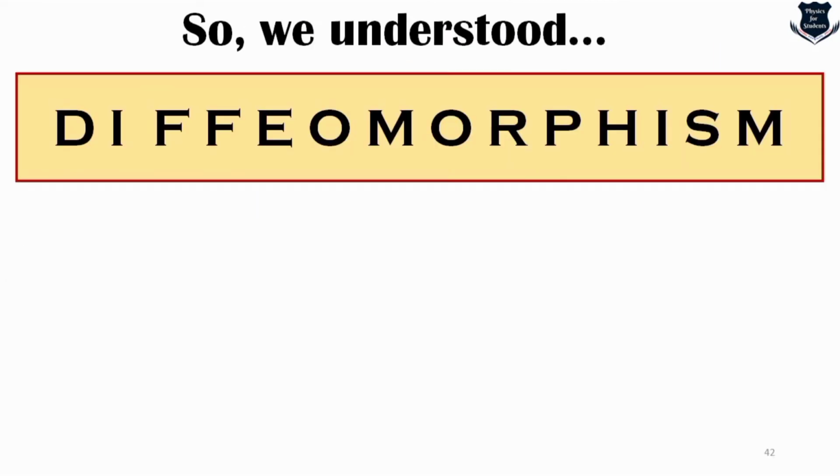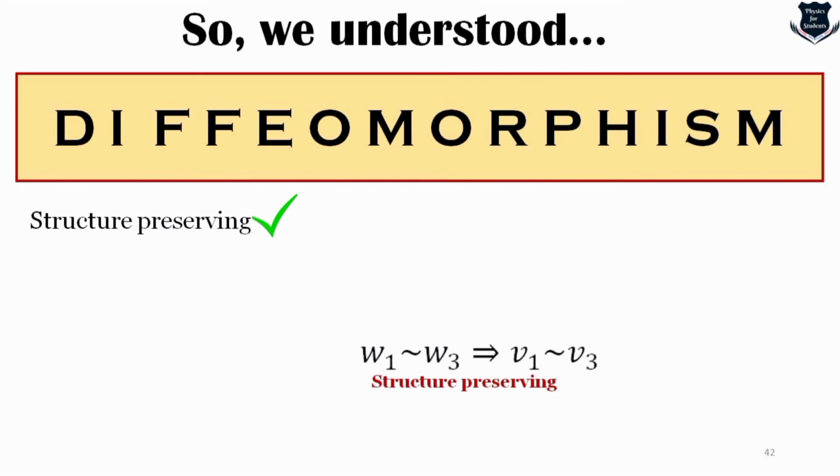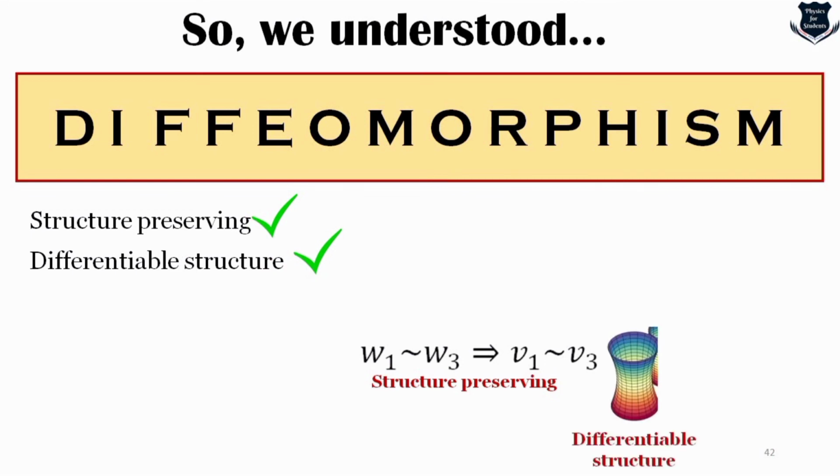So finally, we come to the last part of the video. We have understood what a diffeomorphism is, and we have seen what structure preserving means through it. It's just an analogy to help you understand what structure preserving is. We have also seen what the differentiable structure is, where we can use calculus and differentiate up to infinity.